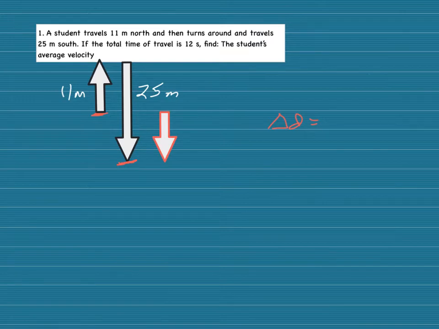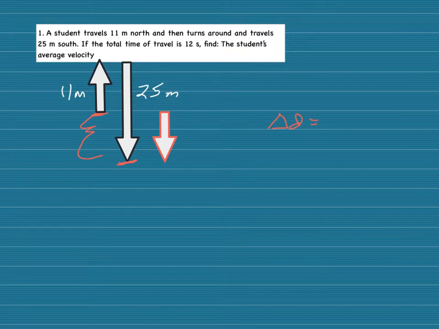So if you go 11 meters north and then you turn around and go 25 meters south, the displacement is going to be from here to here, where you start to where you end up, and it's got a direction. So we would have to subtract 25 and 11. That's what the triangle there means, a change in how your displacement changes.